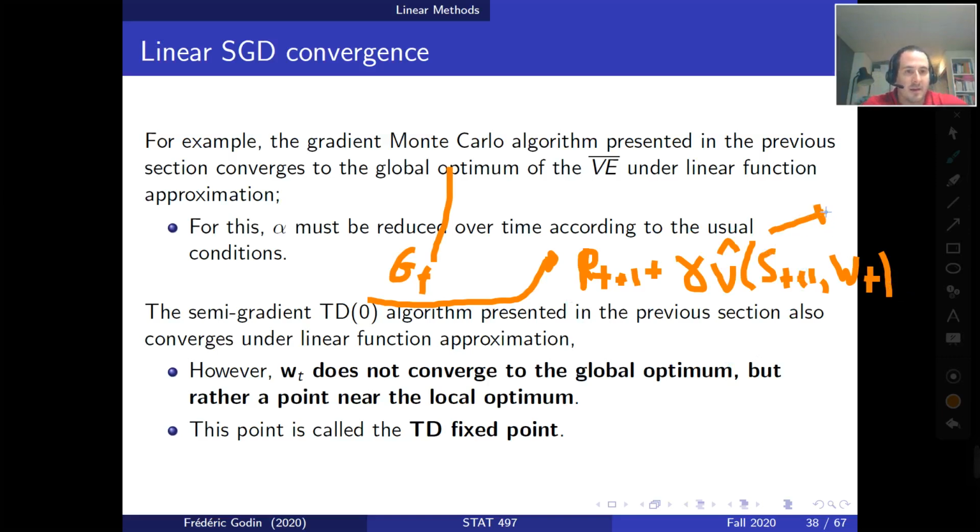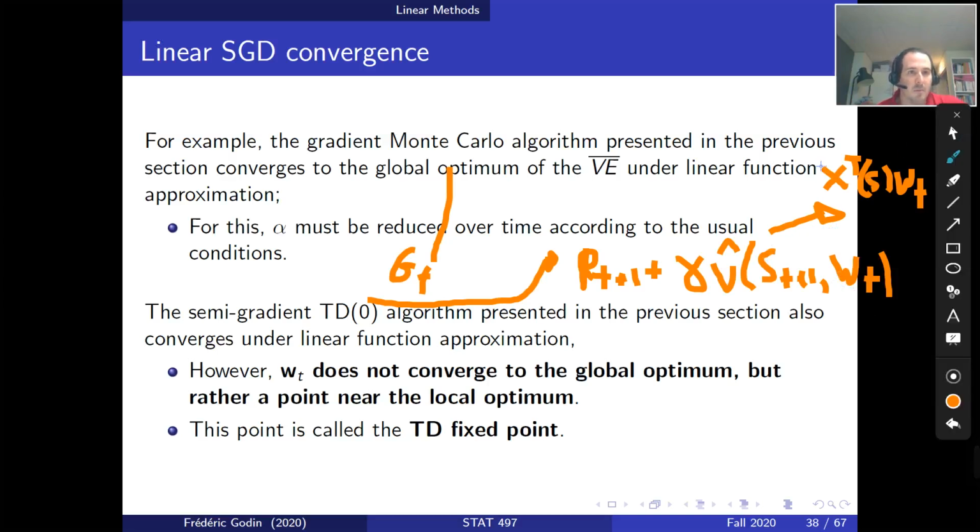Recall that in this case we assume that the approximated value function is the feature times the vector w_t. So we can combine a TD0 target with the linear approximation method for the value function, and in this case we still have some convergence result despite the fact that the target is biased.